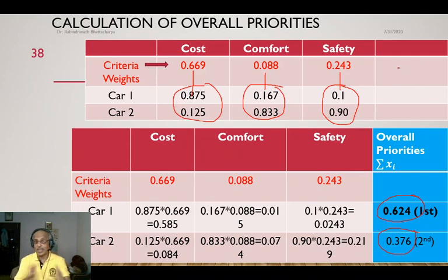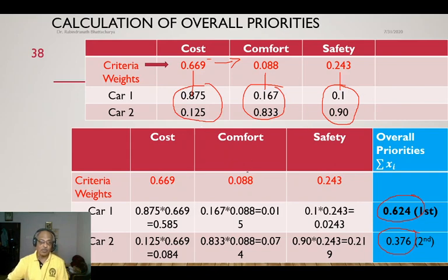If it is not clear, I'll explain again. We have found out from the original matrix the weightage for each criterion, which is given here in this row, and then for each of the criteria we have compared car to car and found three matrices, one for cost, one for comfort and one for safety, and we have laid them together like this.